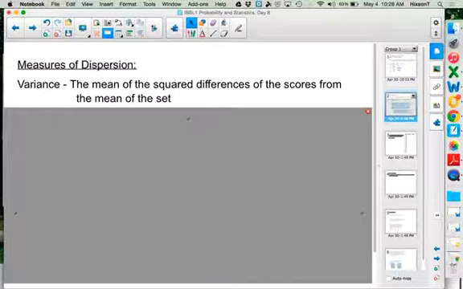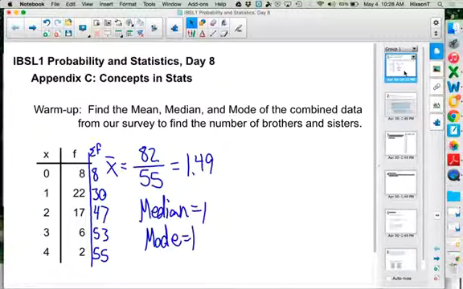If I took all of my data and found out how far away from the mean it was, so, going back here, if I took these 8 zeros and said, okay, they are each minus 1.49 away from the mean.